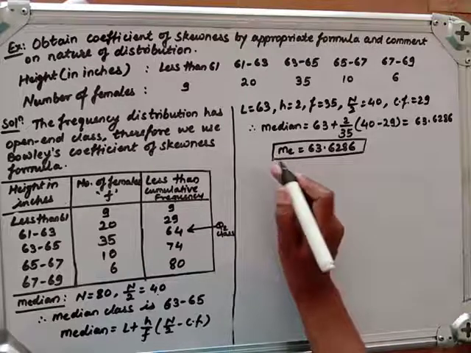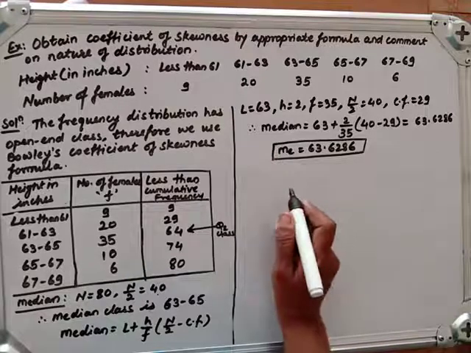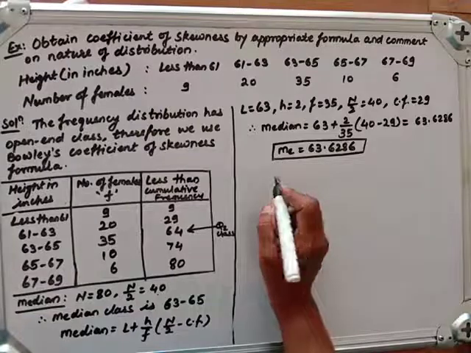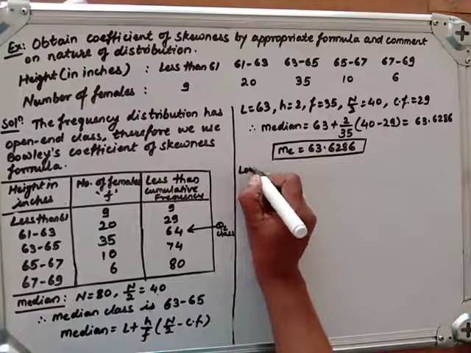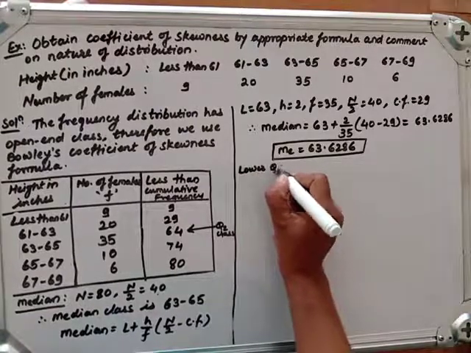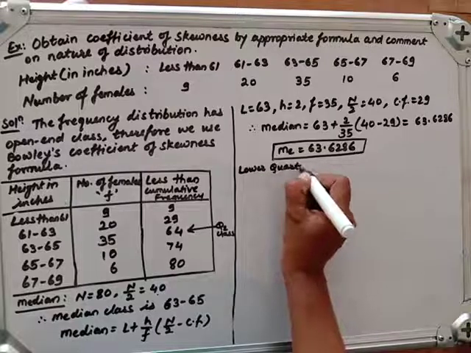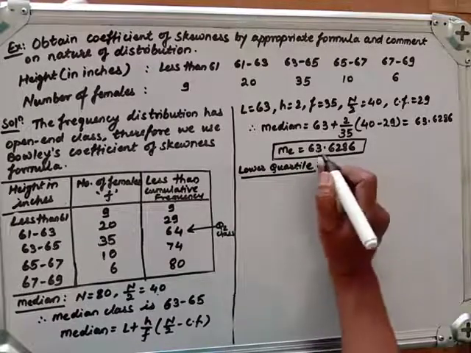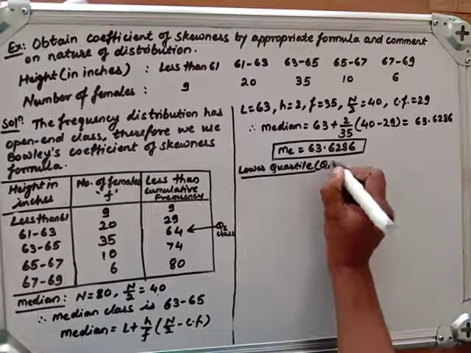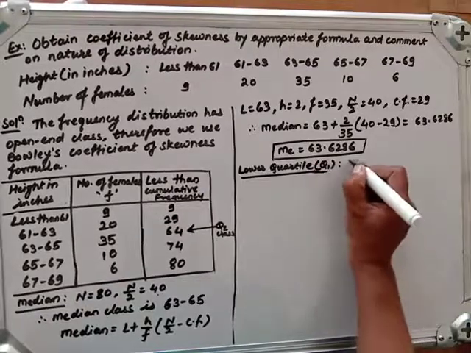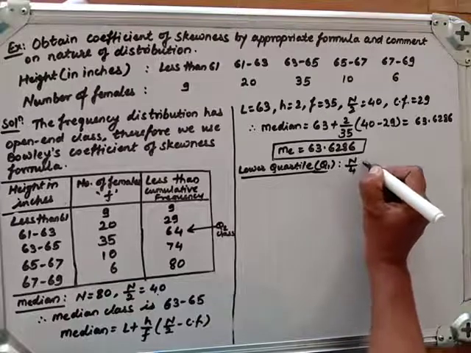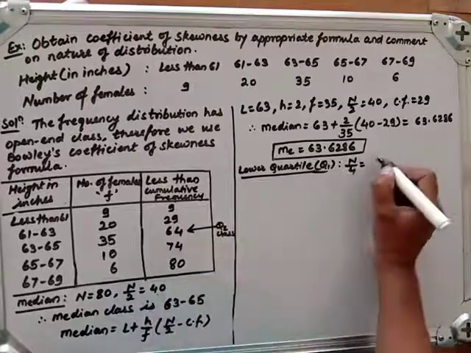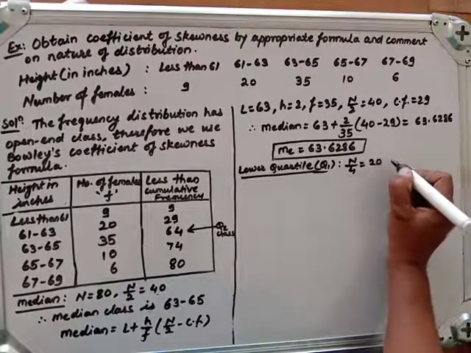Okay. Now let us find out lower quartile and upper quartile. So lower quartile, that is Q1. For that one, we need to find N by 4. What is N by 4? 80 by 4 will be 20.